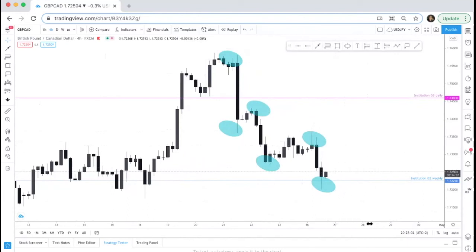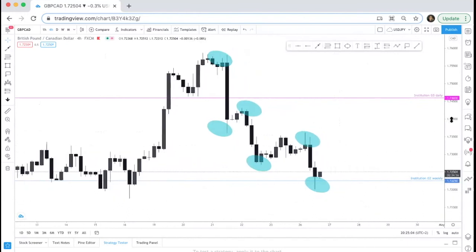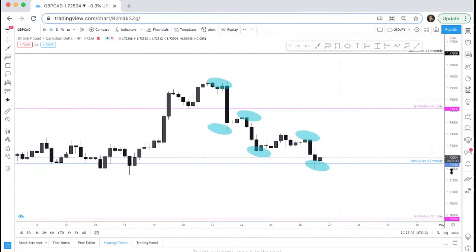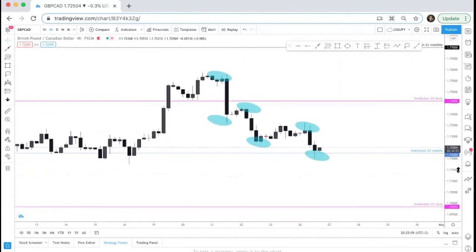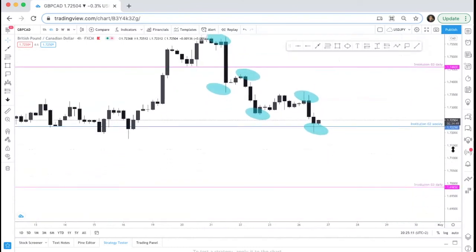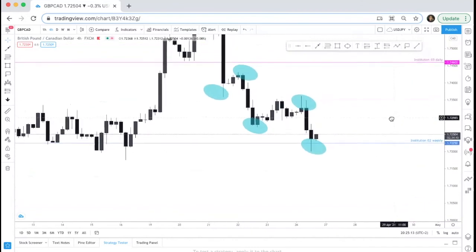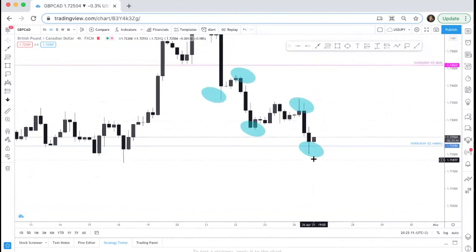There we go. As you can see on this specific pair, we have reached our weekly level with big bullish pressure from here. And right now, we've got a bullish candle pushing up to the upside already.